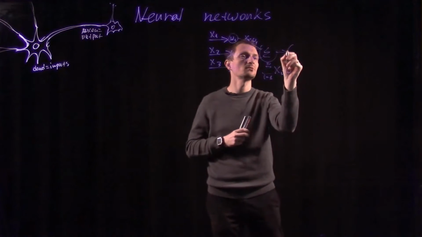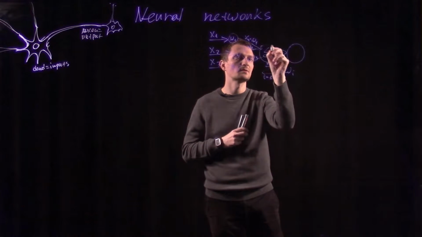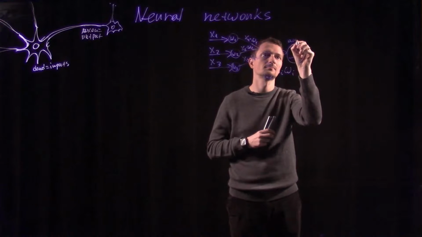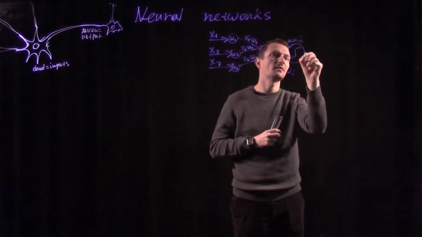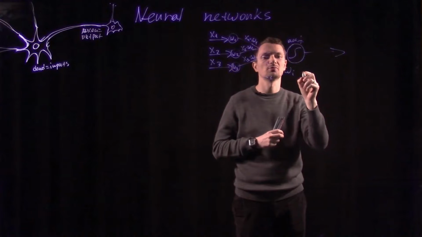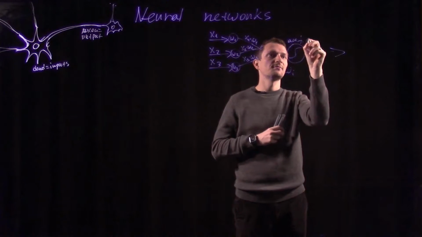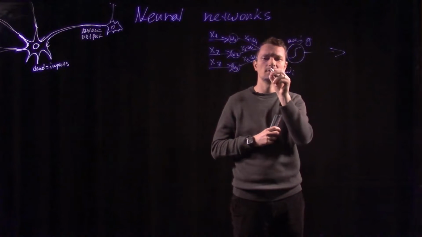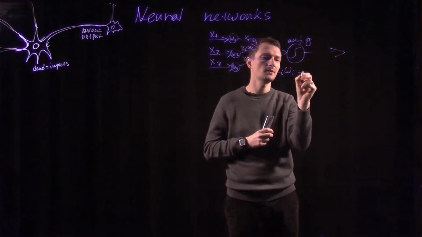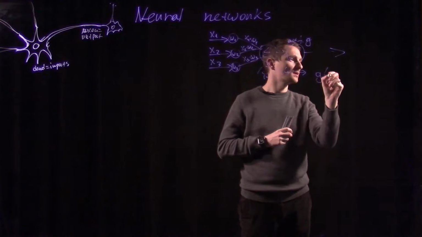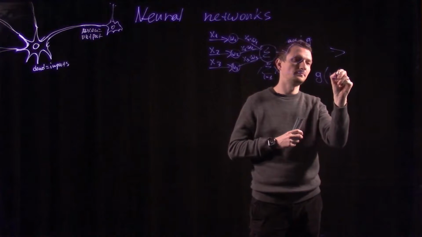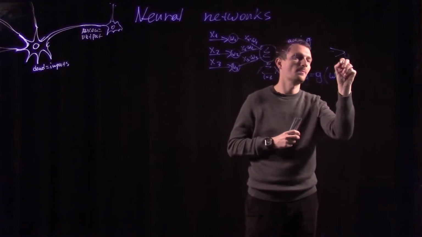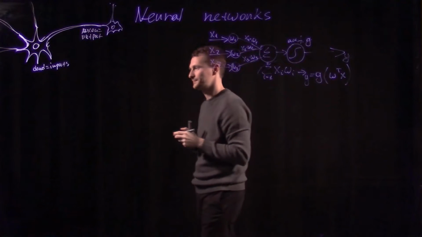And then you also apply an additional so-called activation function, and then we have our output. Let's say the activation function is g, and we apply the activation function on this sum, and we have this as the output of our artificial neuron.